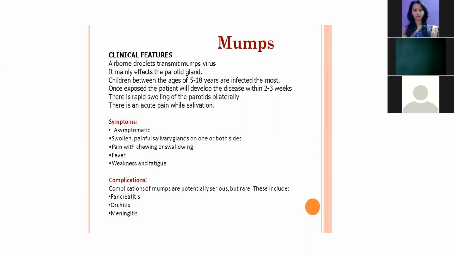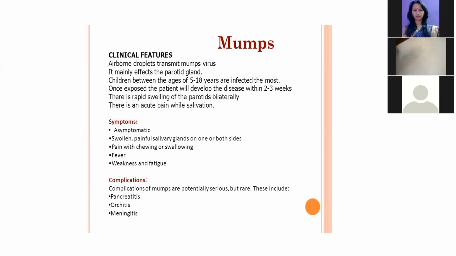Then what are the different processes by which the lab diagnosis can be performed for this particular virus? Since the virus is present in the saliva, we can take samples from the saliva. It is also said that the virus sometimes spreads through urine, so we can also take urine samples.